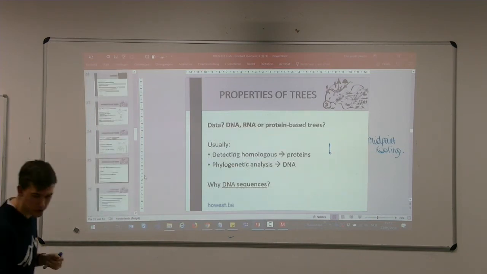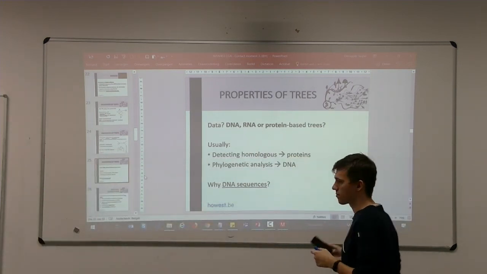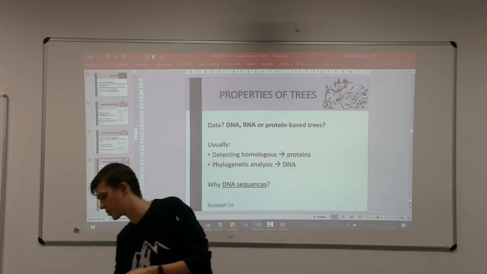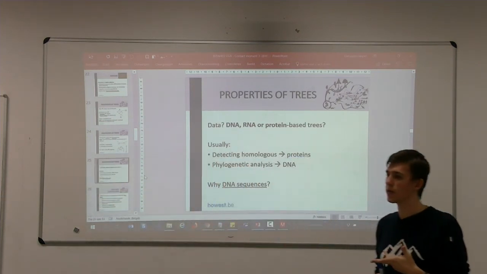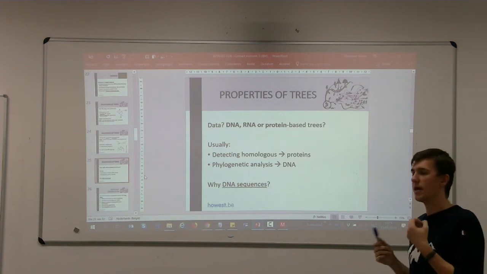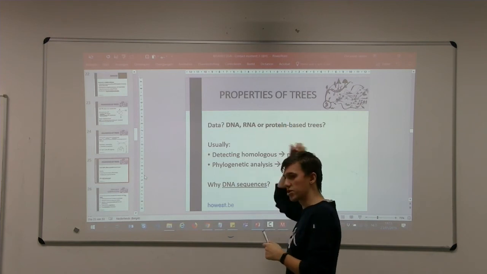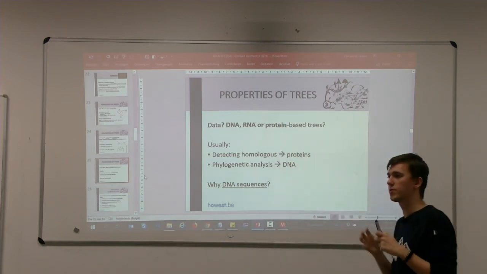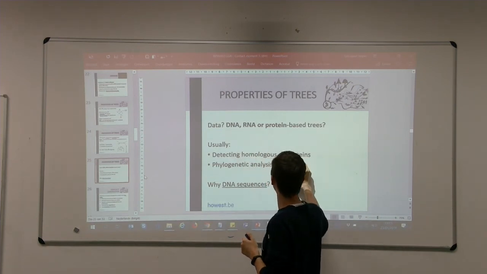If we would like to construct trees, we can actually always choose which type of data to use. So it's possible to construct trees using protein sequences, nucleotide sequences, only coding sequence, and so on. If the goal is to actually determine the relationship as good as possible between sequences, we use DNA sequences.